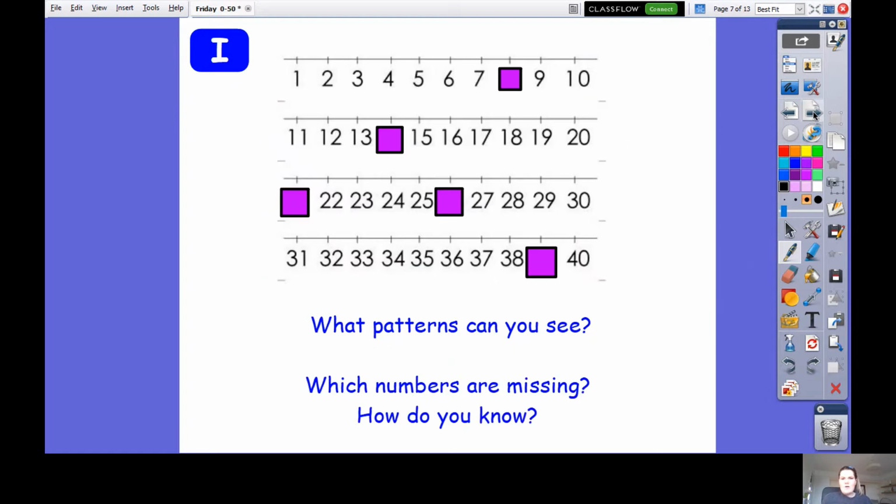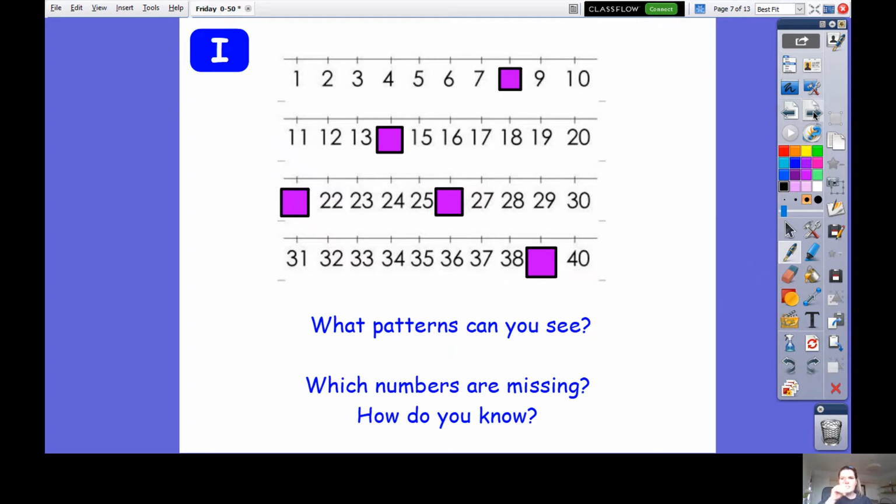So knowing about our patterns, we can start to spot some patterns. Now, I've taken some of these numbers away. However, we can figure out what they are by using the number patterns to help us. So, I've got one number missing at the top. I've got 5 numbers missing altogether. Okay.